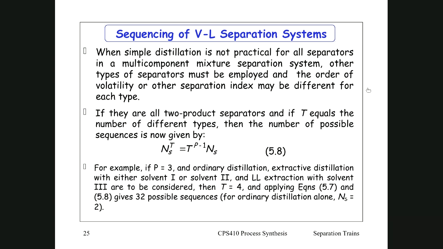So think back to that example we had with propane, butane, butene, pentane, and then we had to use a mass separating agent to do extractive distillation of the butenes. The furfural would help to extract the butenes from the butanes. This is the type of thing that we're talking about.